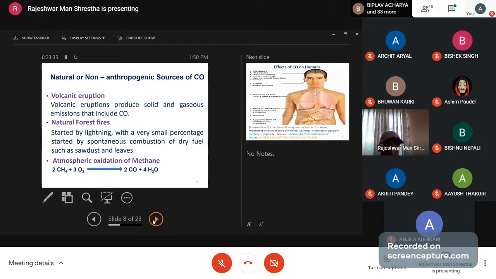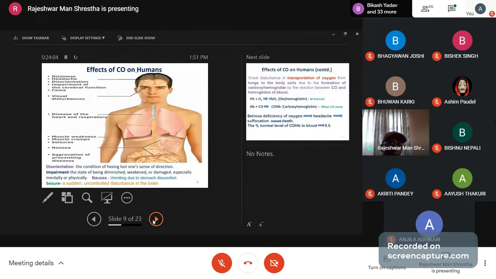In this way, methane gas released in marshy or moist places by bacterial decomposition of organic matter and dead bodies reacts with the oxygen present in the atmosphere and changes into carbon monoxide. These natural activities are automatically balanced, and not more; the problem is mainly caused by human activities.